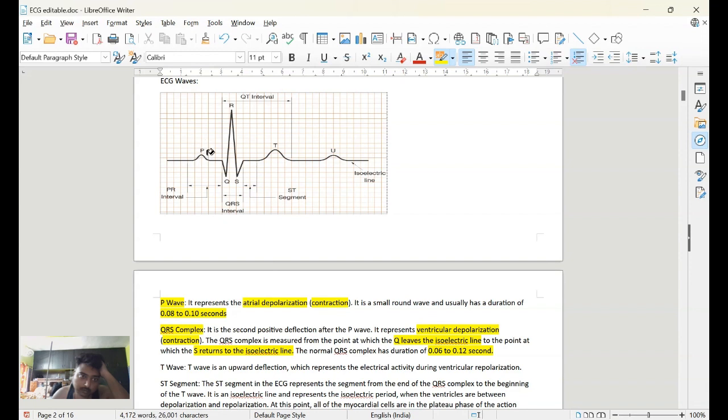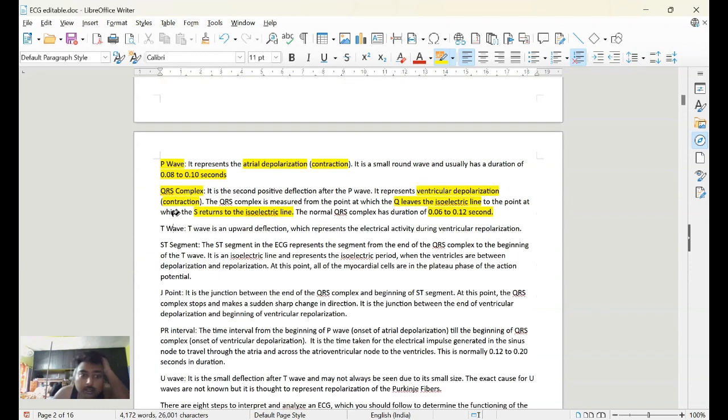The P wave is 0.08 to 0.10 seconds. The ventricle is big, so 6 to 12, while the atrium is small, 8 to 10. From 6 to 12 is a big gap. So a big thing takes big time.